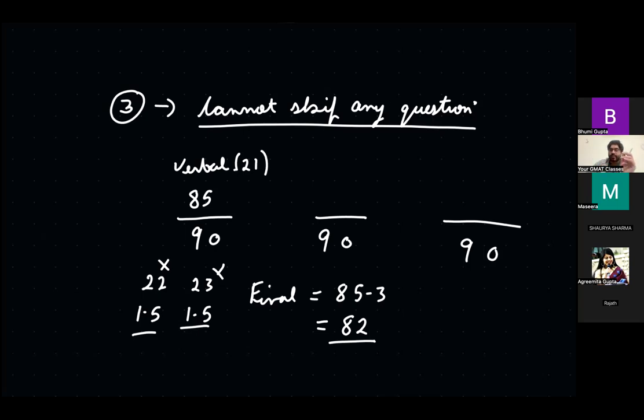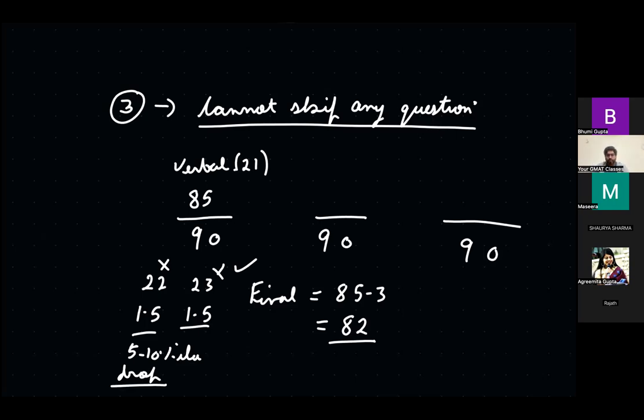So whenever you are on a time crunch, let's say you have less than 1 minute left, you go and mark all the questions. You cannot leave any question at all. As you can see, the penalty is very high. If you're not able to understand, 1.5 can be a 2 to 10 percentile drop in your score.